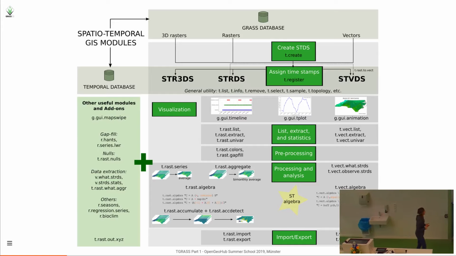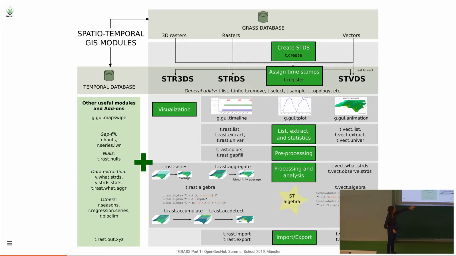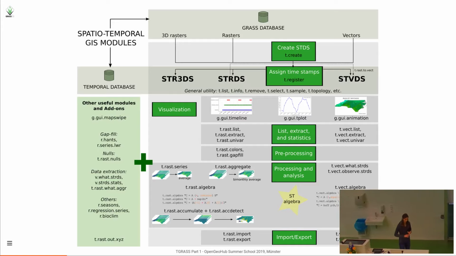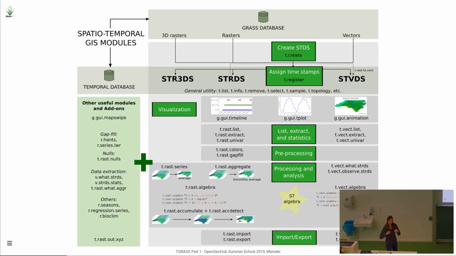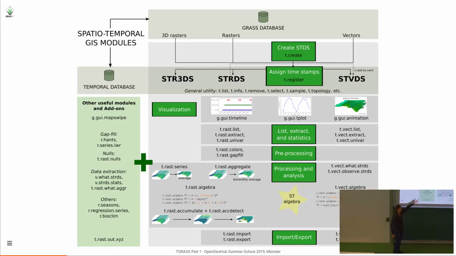Then the core of TGRASS is the algebra part, and we have different modules there. We have different aggregations that we can perform, like the reducers that we were seeing in GDAL cubes. One of them is t.rast.series, which would be like a temporal reducer in GDAL cubes.